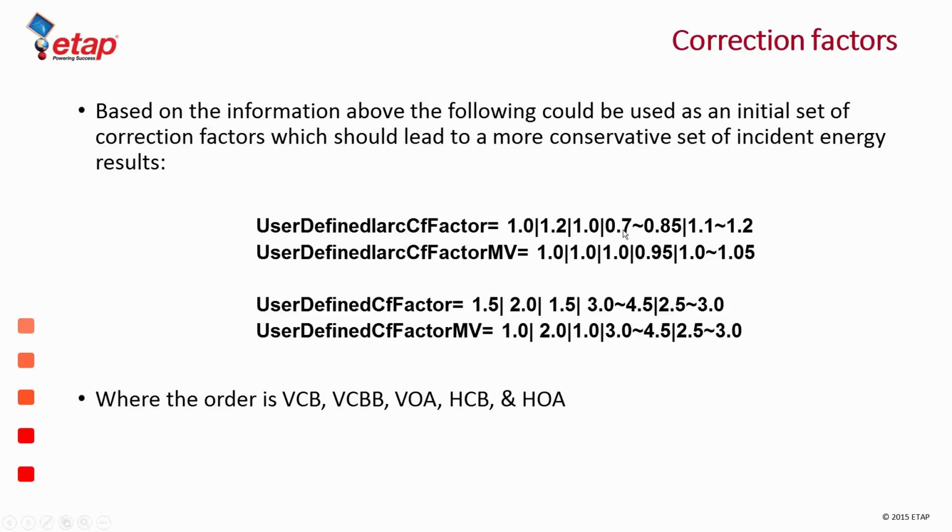So you could see here that for the first, second, third, the fourth configuration, that factor could be set anywhere from 0.7 to 0.85. That is for horizontal conductors in a box, or horizontal open air. It would be 1.1 to 1.2.